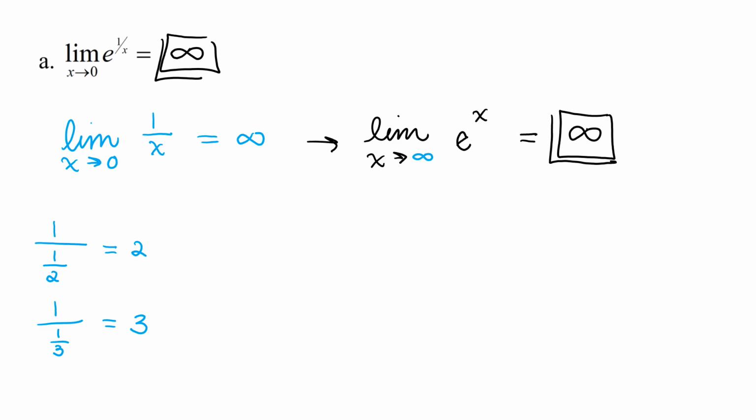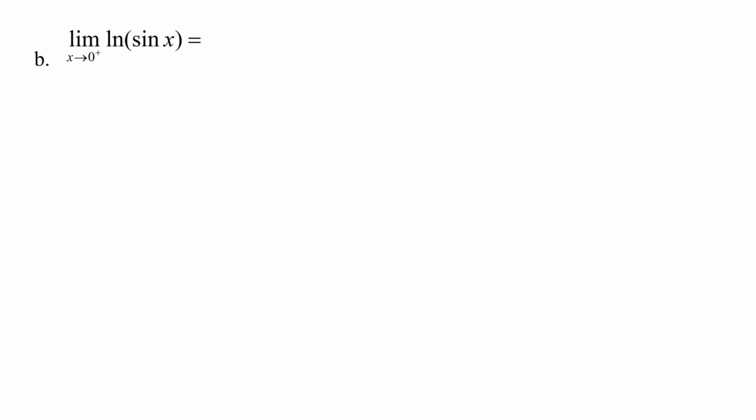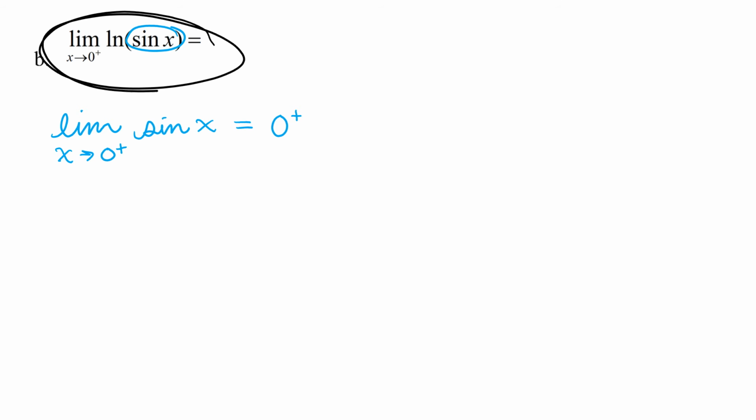We have the limit as x approaches 0 from the right of the natural log of sine of x. So first, we have to look at the limit as x approaches 0 from the right of sine of x, which will be equal to 0. And if you want, you can think of this as equal to 0 from the right, because here we're looking at the limit as x approaches a value from the right.